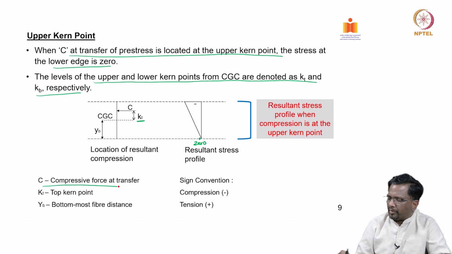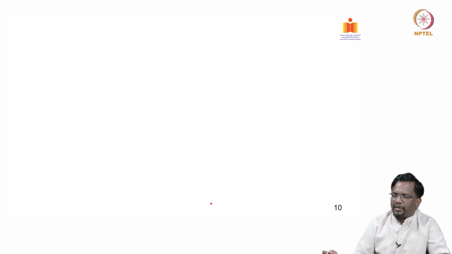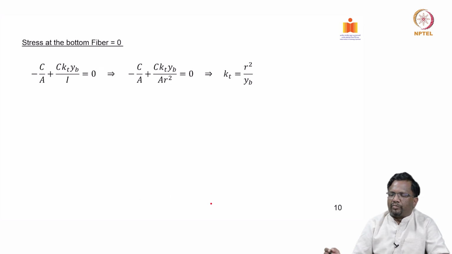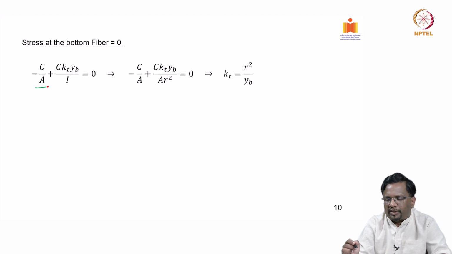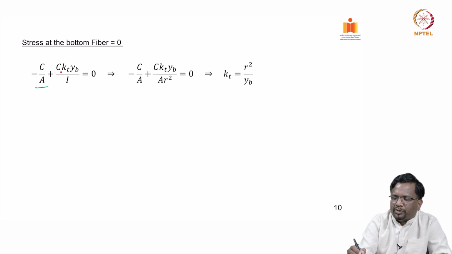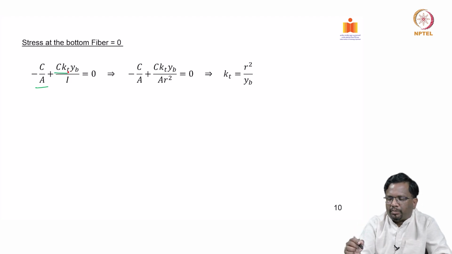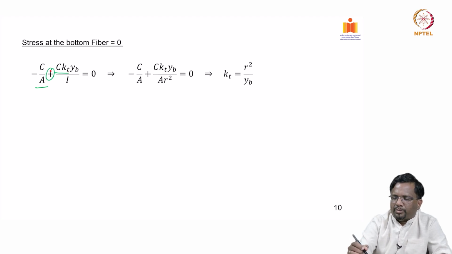Here C is a compressive force at transfer, and YB is the bottommost fiber distance, with compression and tension. If you substitute stress at the bottom fiber equal to 0, there is a concentric stress component C by A. The moment due to this is C into KT, acting at the top. Because it is acting at the top and I am calculating the stress at the bottom, this is positive because it creates tension.